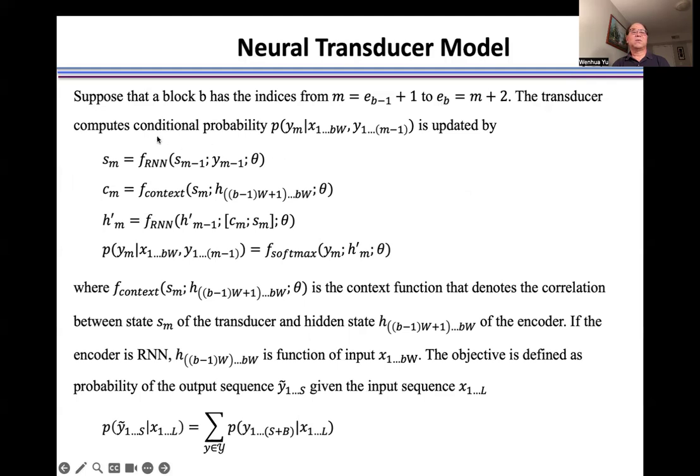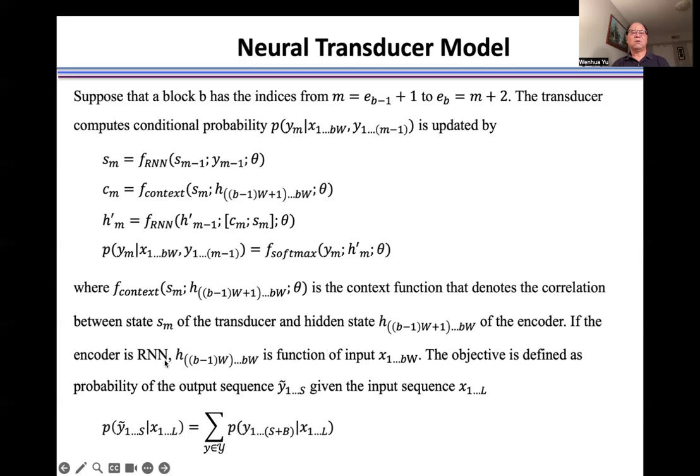The transducer computes a conditional probability of Y_m, which is updated by using these equations here, where this f_context is the context function that denotes the correlation between the state S_m of the transducer and the hidden state H of the encoder.